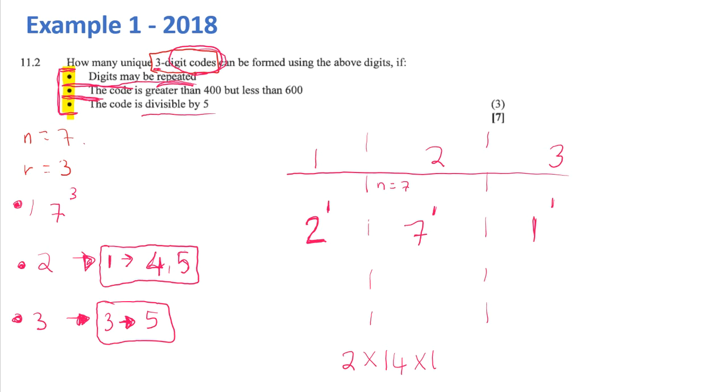Oh, I've already written the answer there. 2 times 7 times 1, that is 14. So the maximum amount of unique 3-digit codes that can be generated given these 3 limitations is 14. And that is example 11, or question number 11 out of 2018.